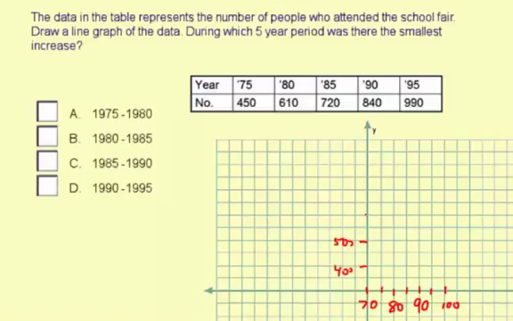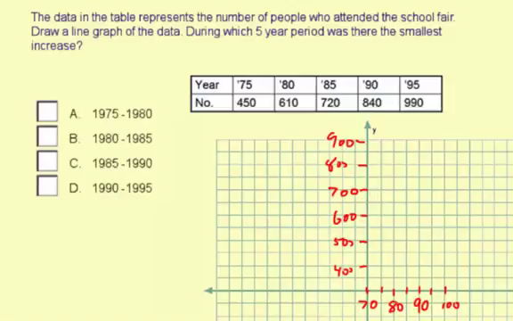You can make your own decisions as far as how to set up the grid. I'm just trying to make it all fit on this graph. 700, 800, and so this one will be 900. Well, the highest point is 990, so that won't quite fit. I'll have to go a little off the graph, but it'll be pretty close.